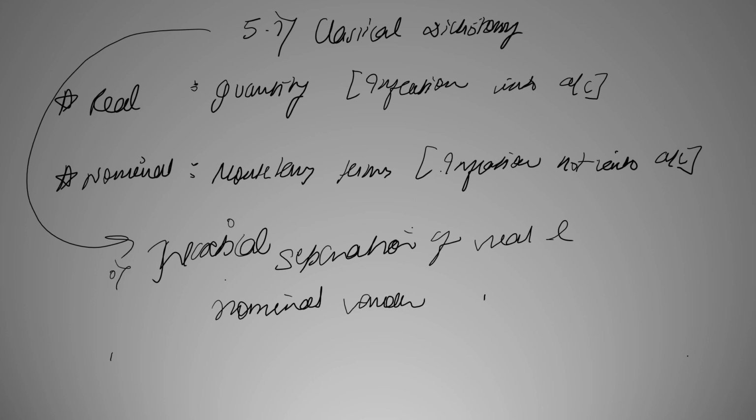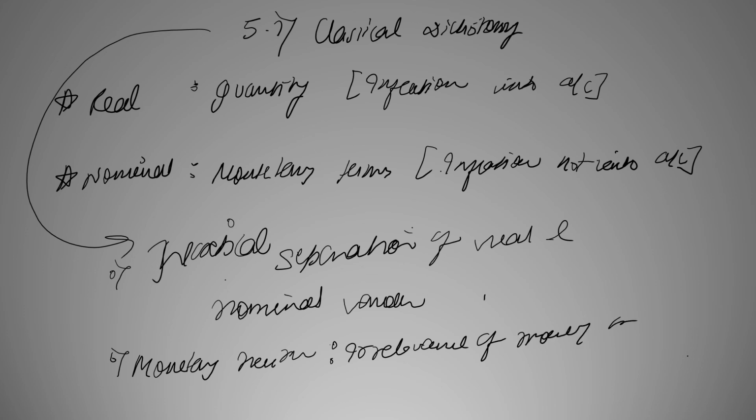And another term that we were supposed to study here was monetary neutrality, which is the irrelevance of money or monetary units for real variables. And with this, we are done with this chapter. Thank you.